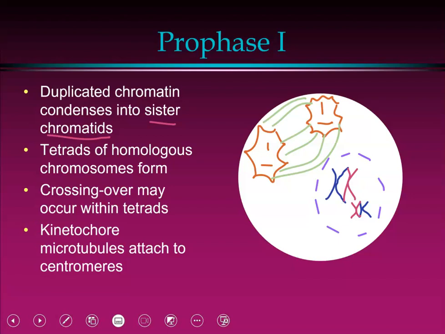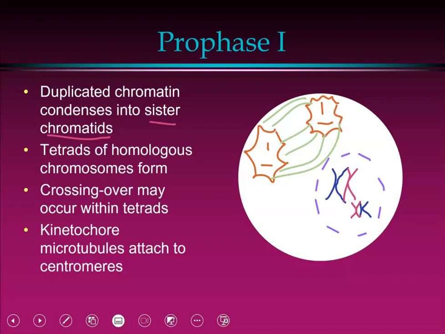So the pair of duplicated centrosomes, with pairs of centrioles inside, now have started to migrate, and the spindle fibers are forming in between them. And the picture I drew would be more of an early prophase, but this is going to continue to move.